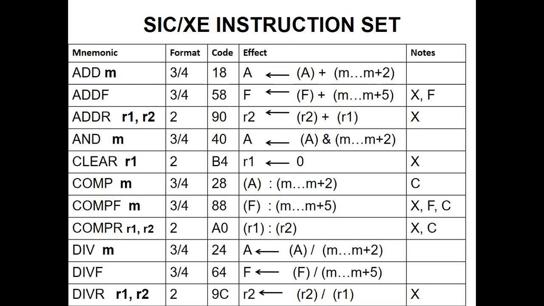It is important that you note the direction. And then in the notes there is X, which means that it is only on the extended version, because the simple version does not use registers. It uses only memory.